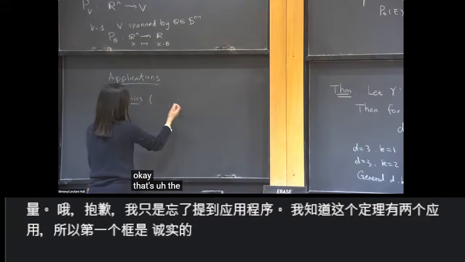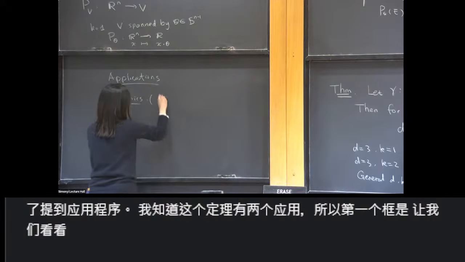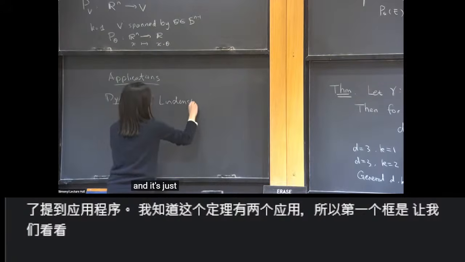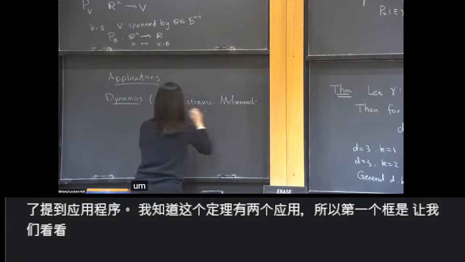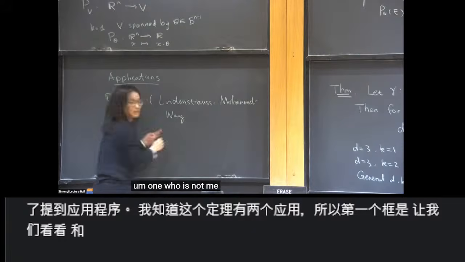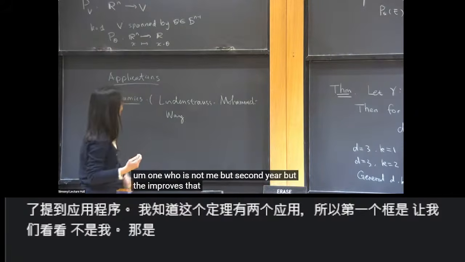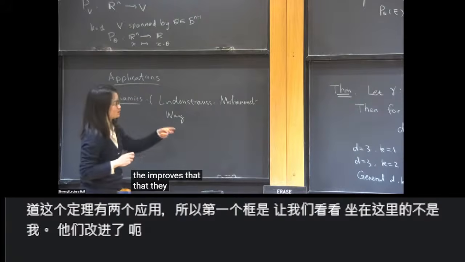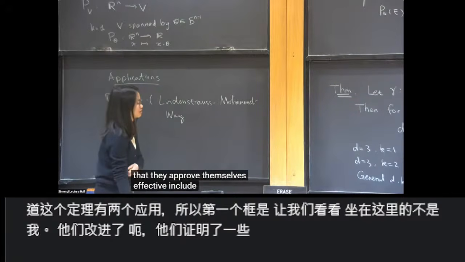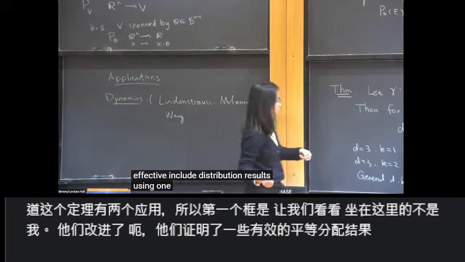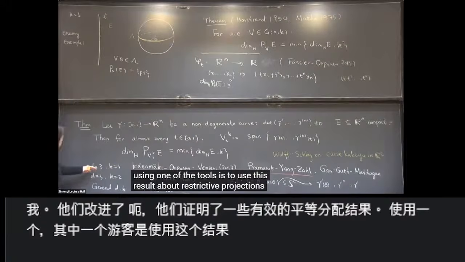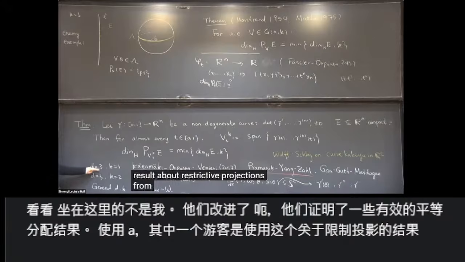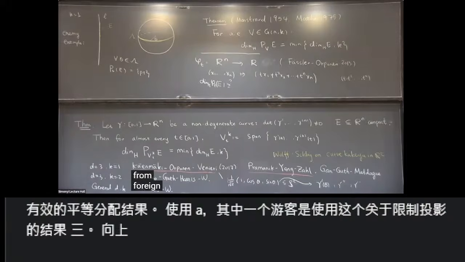That's the work of Strauss, Mohammadi, and Wang, who is not me but sitting here. They proved some effective equidistribution results, using as one of the tools this result about restricted projections from R3 to R.